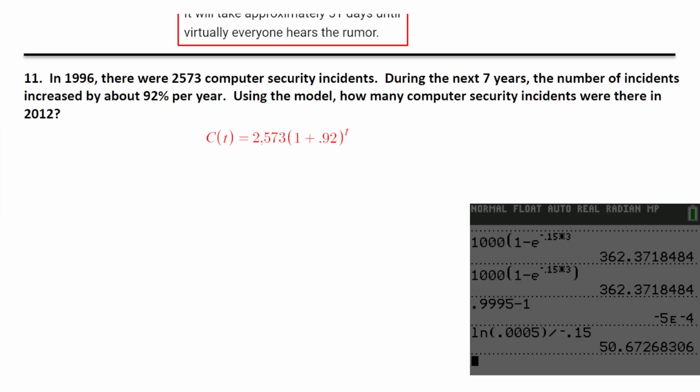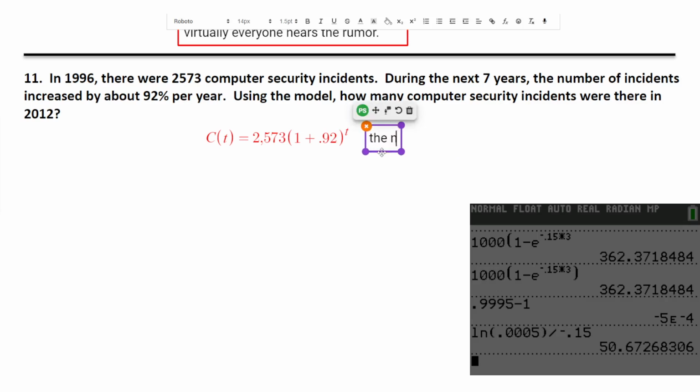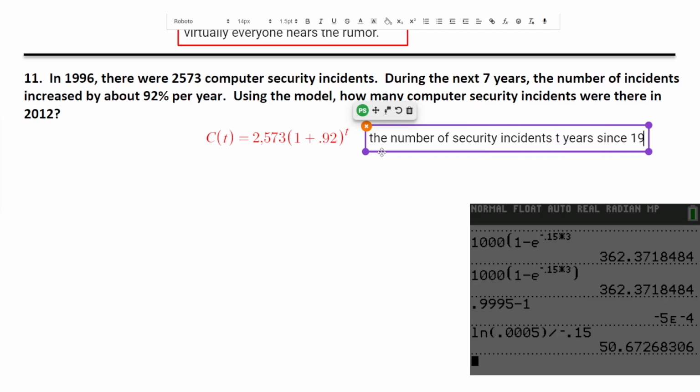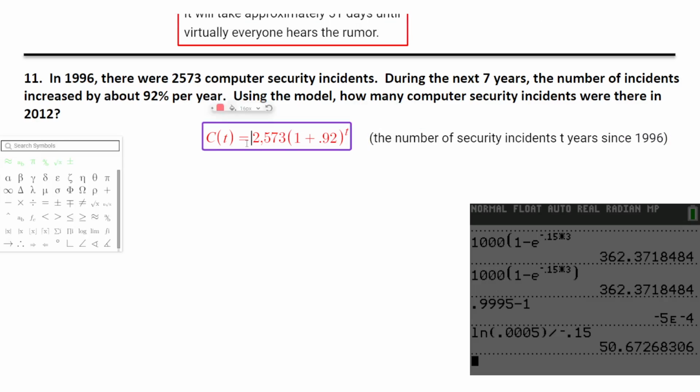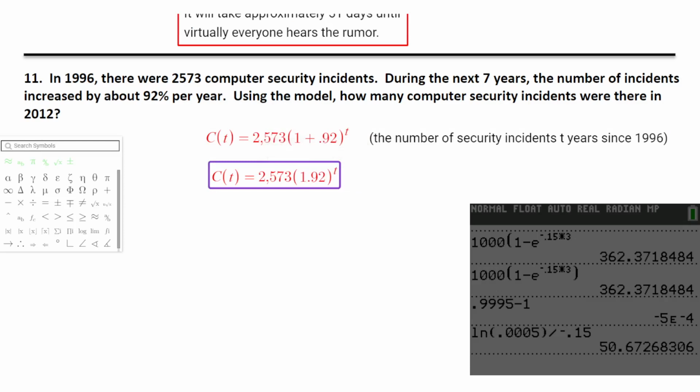So just to make a brief statement clarifying what this equation is talking about: this is the number of security incidents T years since 1996. Before we go further, let's simplify this. 1 plus 0.92, we can clean that up, just 1.92.